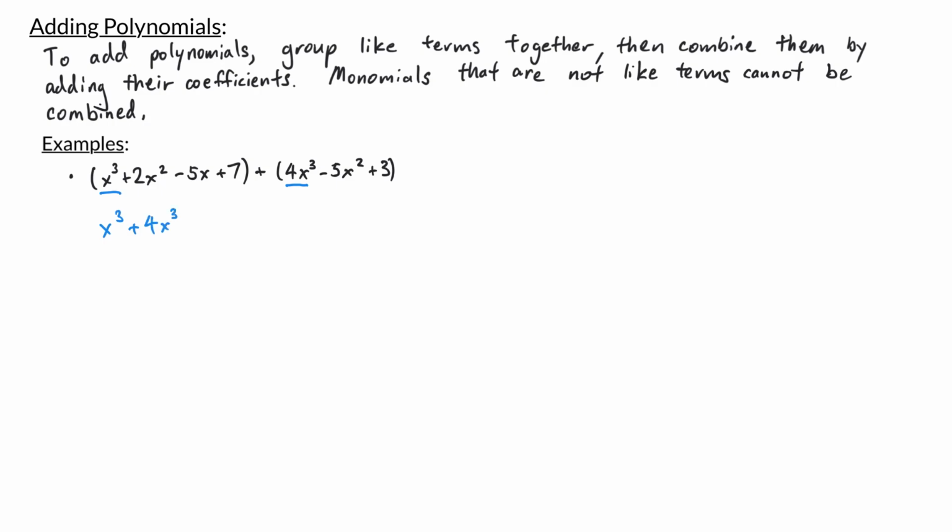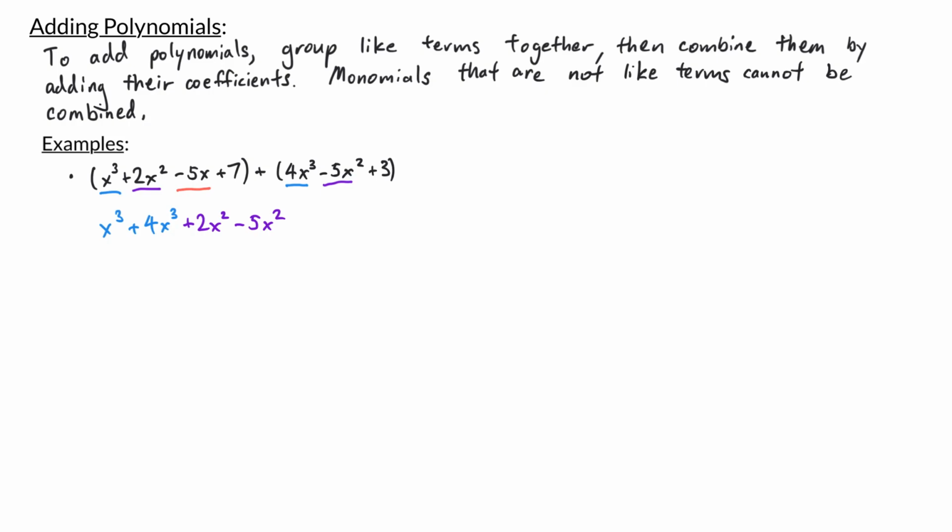Next, I can look at the term 2x squared and see if there are any like terms in my second polynomial. And again, we have a minus 5x squared in my second polynomial. So those are like terms, and I'll write those together. So I have plus 2x squared and then minus 5x squared. The next term in my first polynomial is negative 5x. Do I have any like terms in my second polynomial?